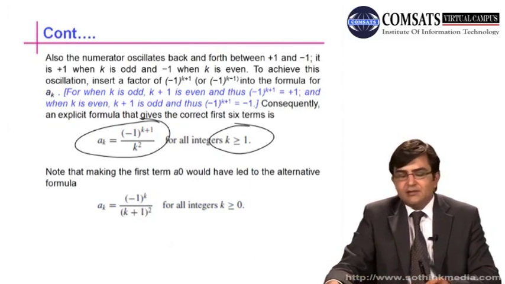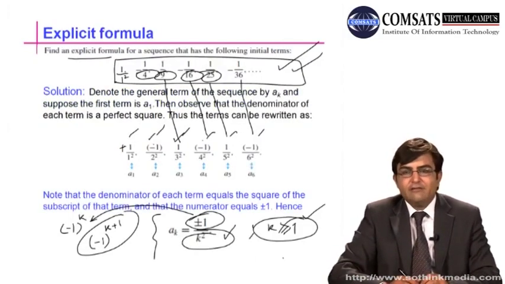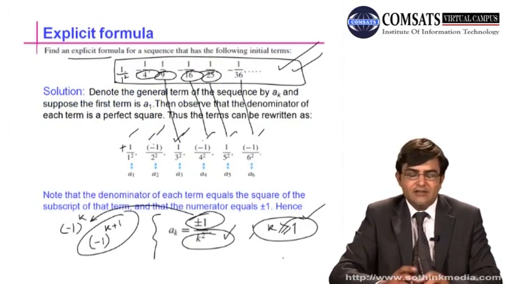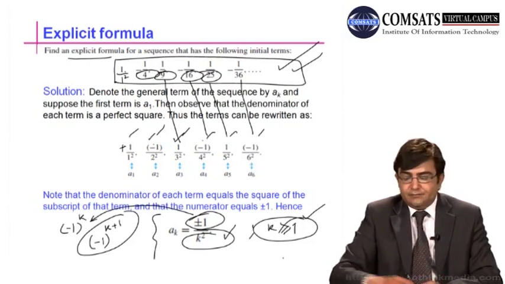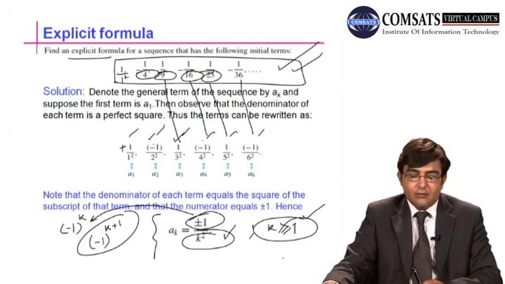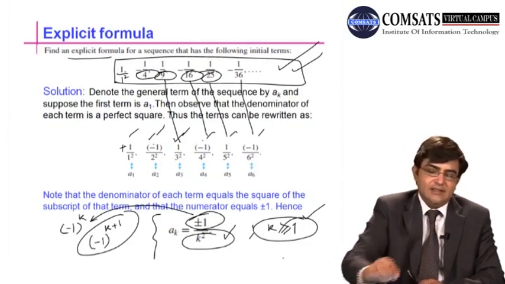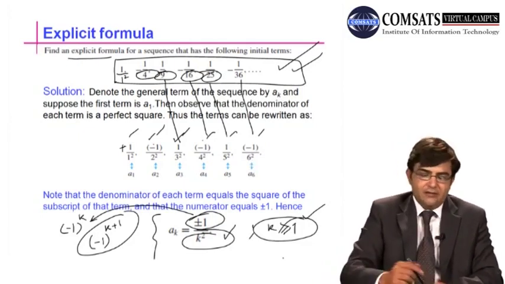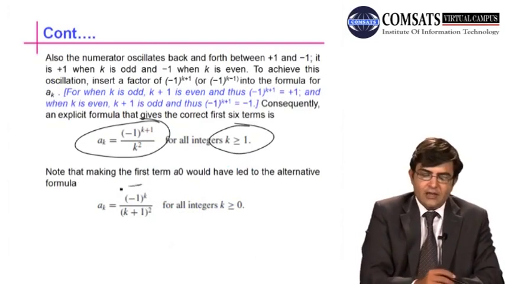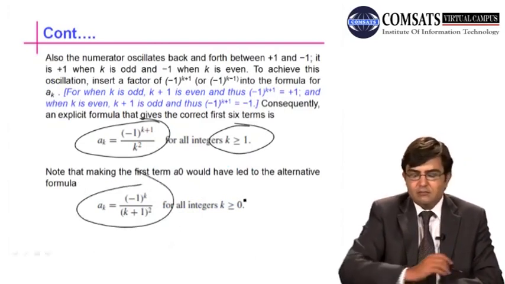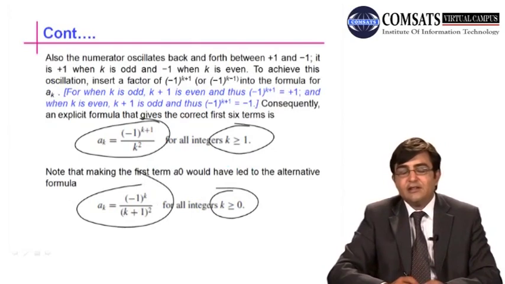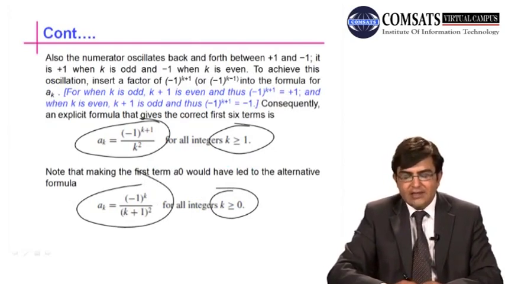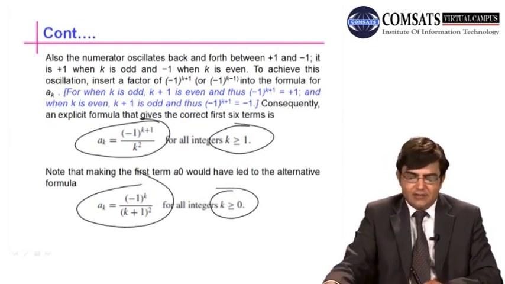It is not necessary that there is only one explicit formula for a given sequence. There may be some other explicit formulas which can express this sequence. For example, if we write this formula and we start the sequence with k greater than or equal to 0, then we get the same sequence.